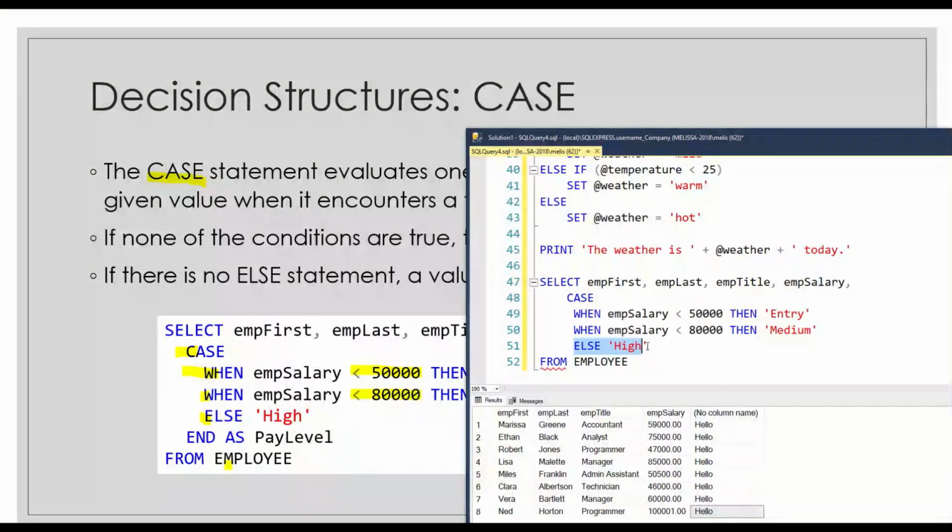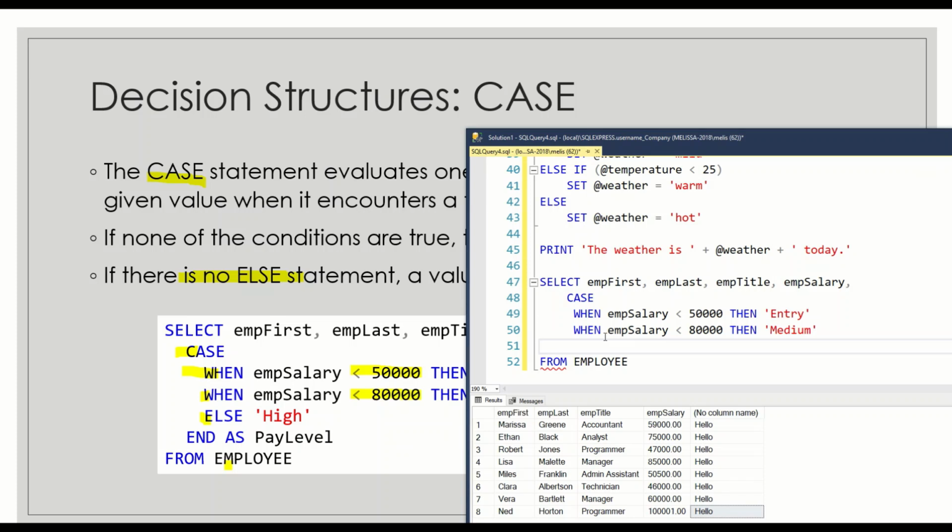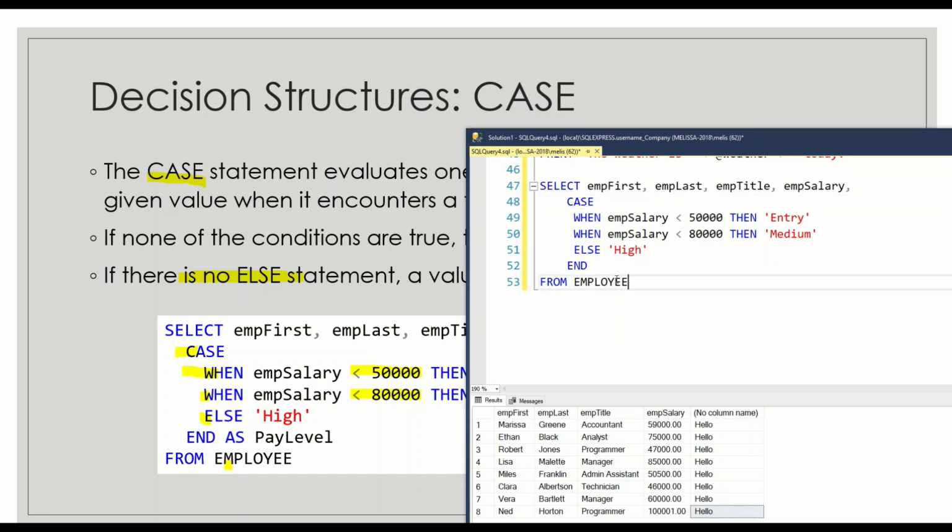And the reason is because we know that the else is optional, right? There's an option where there could be no else statement. So that means we need to be able to tell the system when the case is finished, and we do that with an end. So just like begin and end for multiple code blocks, if you have a case statement, you have to end the case statement.